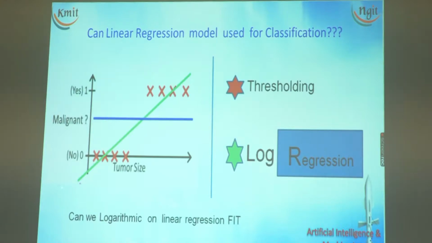Change the line to 0.5 or 0.2 and say detected or not detected. No. We always need to go for logistic regression. The natural logarithm of regression is our logistic regression.